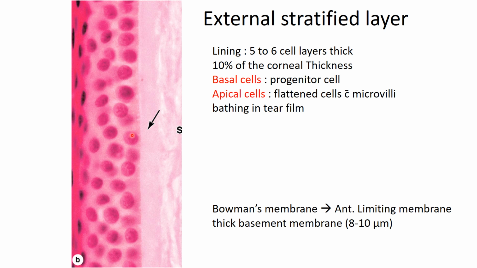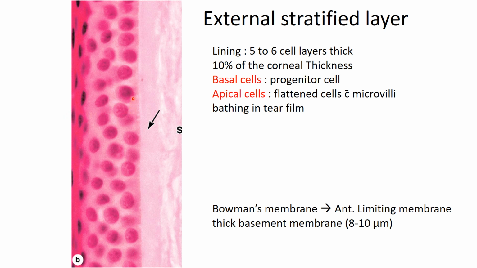They give rise to cells which are shed apically. The apical cells are flattened cells with microvilli. They are bathing in the tear film, because that is in relation to the conjunctiva.